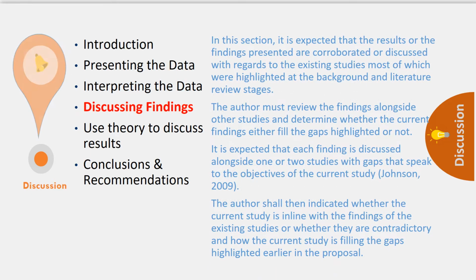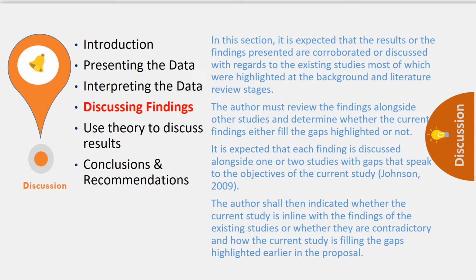The discussions and findings: here it is expected that the results or the findings presented are corroborated or discussed with regards to the existing studies, most of which were highlighted at the background and the literature review stages. So you're linking it back to the literature review stages as well. The author must review the findings alongside other studies and determine whether the current findings either fill the gaps highlighted or not.